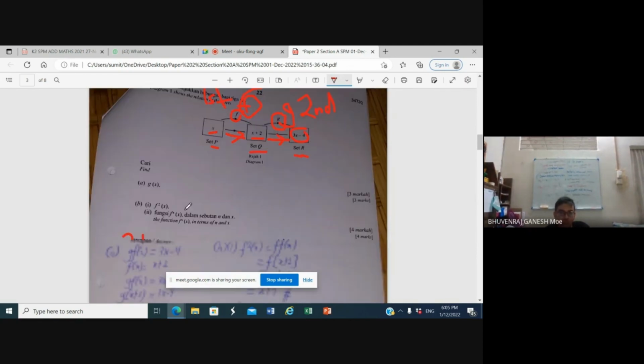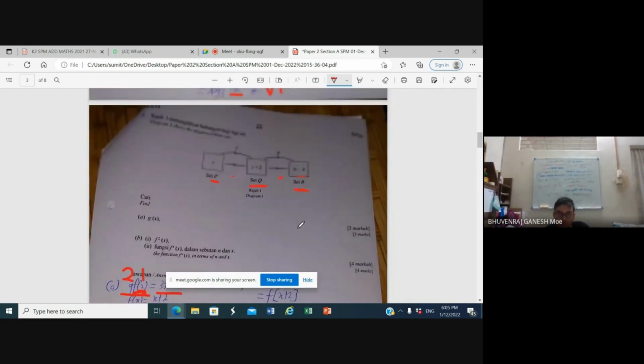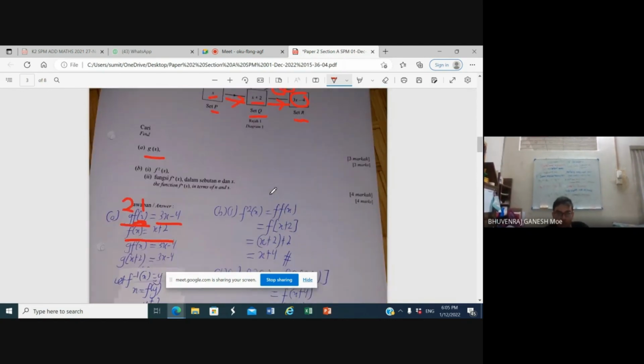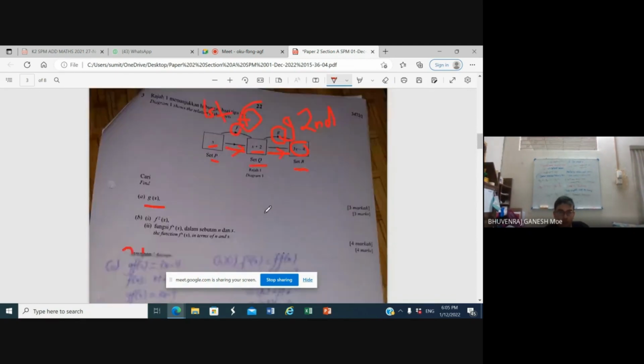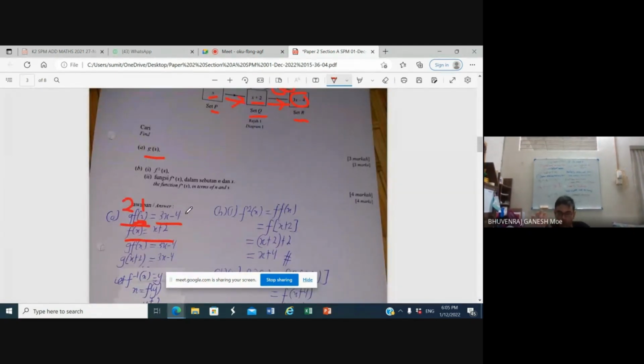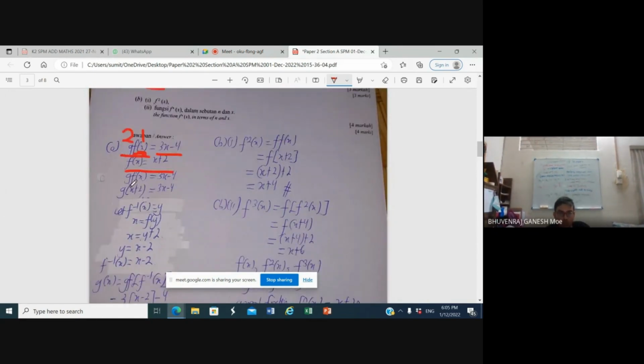And list down your other info. So f(x) is x plus 2. Okay. So now the question asks g(x). So how you master this is composite function. Because combination of 2 functions, composite means like a very complex thing, a combination of functions. So it's under composite function. So you sub in your f(x).